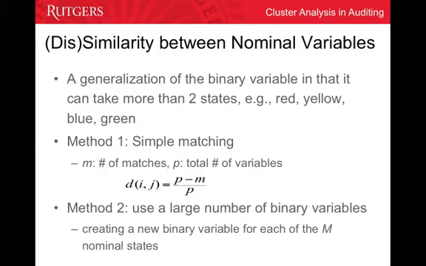The second method that could be used to calculate the similarity between nominal variables is to use a large number of binary variables.